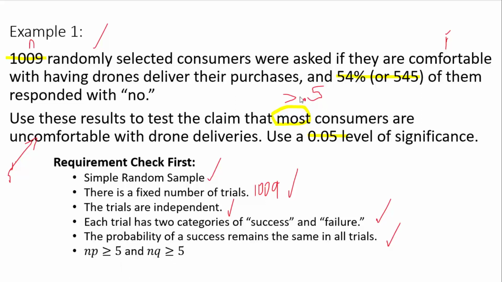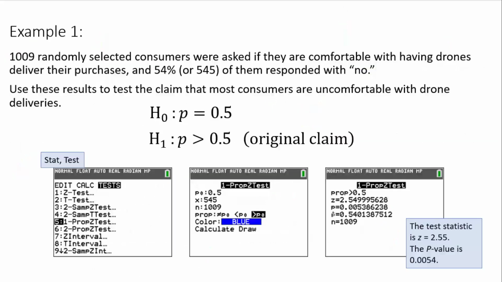And remember, my P is not P hat, which by the way, 54% was P hat, but the P that I'm testing is going to be 0.5, so like half of it. So in both of these cases, half of 1,009 is certainly greater than or equal to 5. So we've met all of our conditions, which means we can proceed with the test.